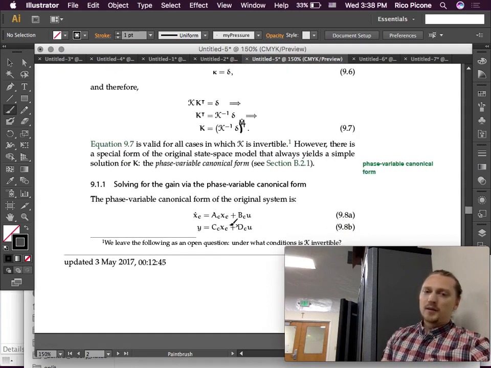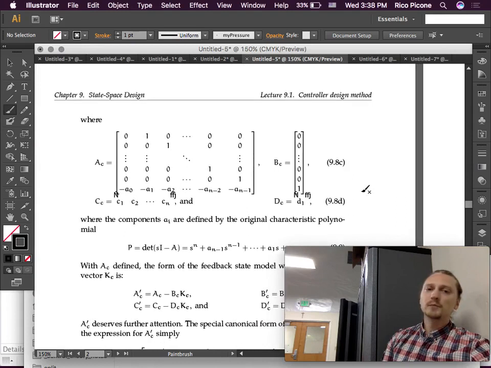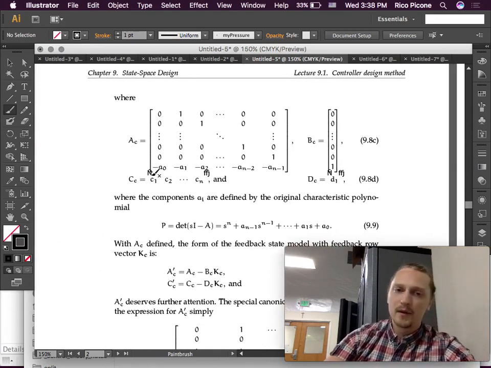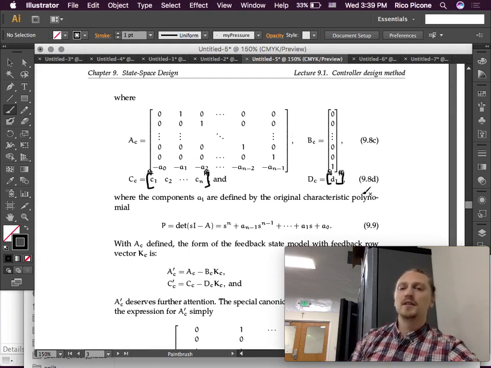So the phase variable canonical form of the original system is given in equation 9.8. As usual, whenever we have a phase variable canonical form, our A matrix looks like this, our B matrix looks like this, our C matrix looks like this, and our D matrix looks like that.